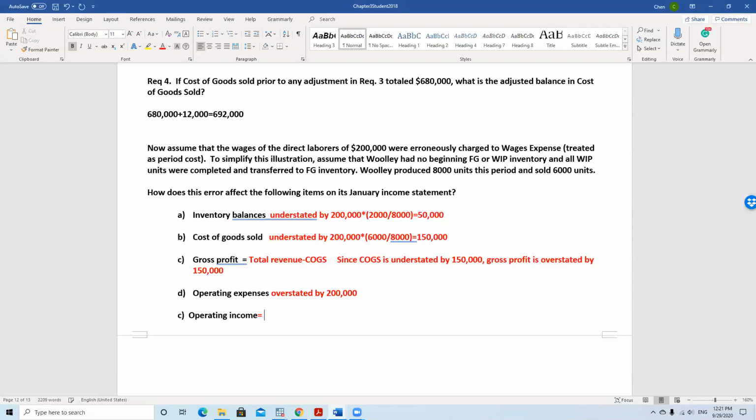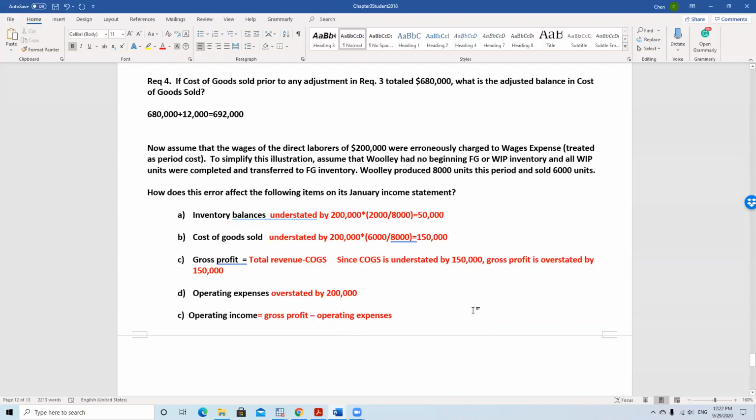What about operating income? Operating income is equal to gross profit minus operating expenses. And then we can see that gross profit is overstated by 150,000, and the operating expenses were overstated by 200,000. So that means operating expenses were overstated more than gross profit.